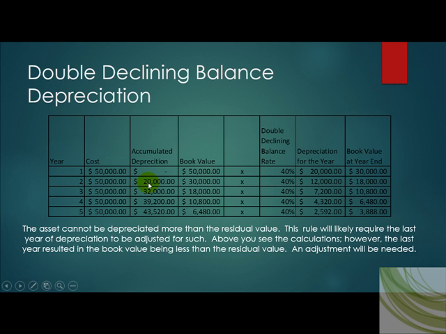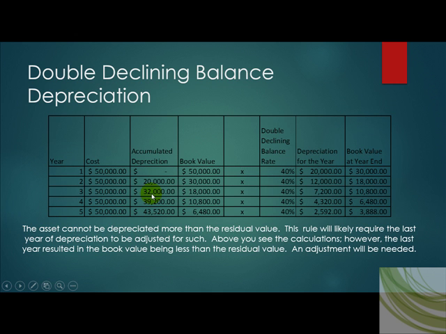On the second year, we've accumulated $20,000 of depreciation. The book value is $30,000. We're going to multiply the book value by the 40% double declining balance rate. And the second year depreciation is $12,000. And now the book value is $18,000.